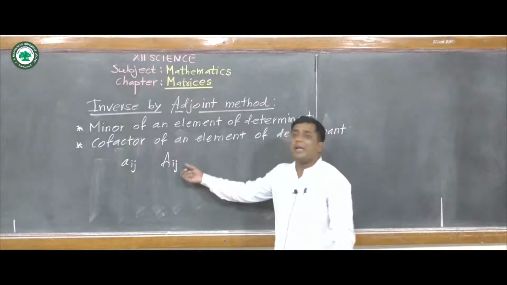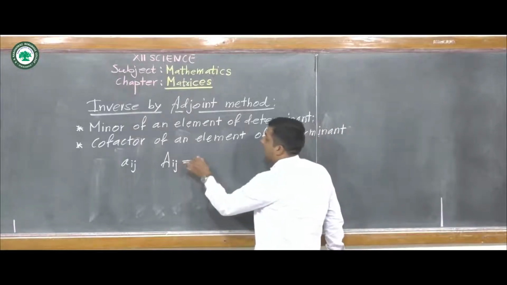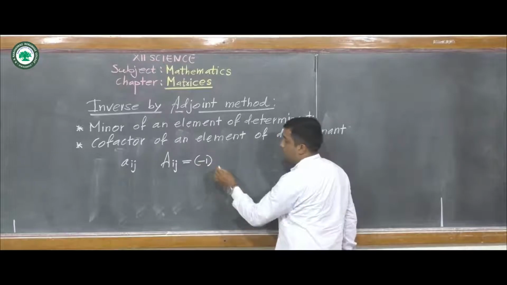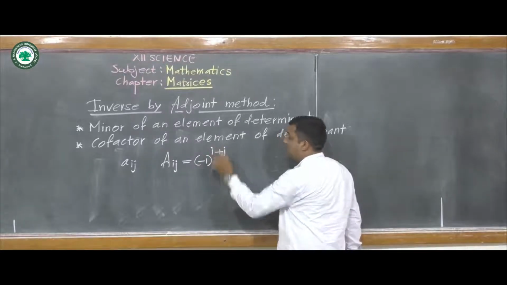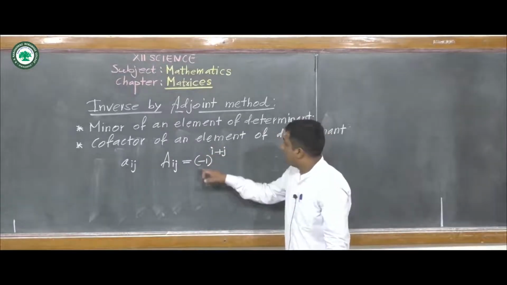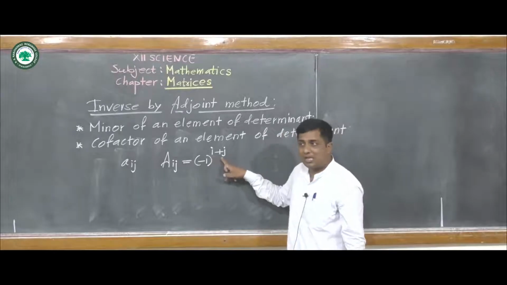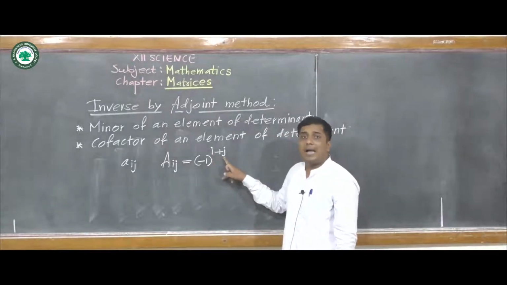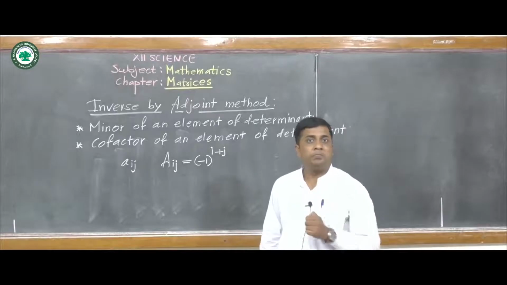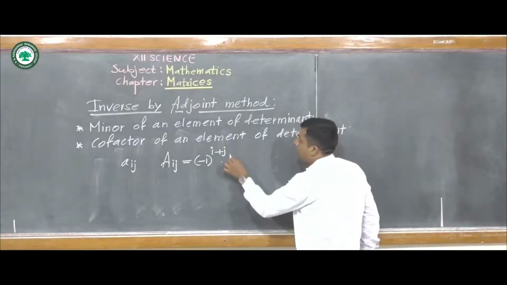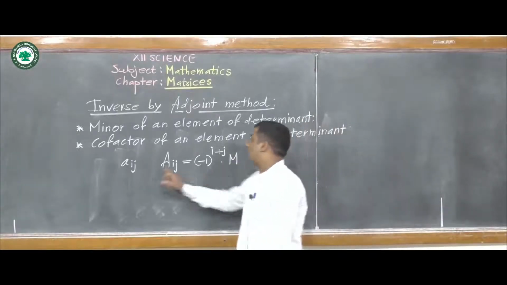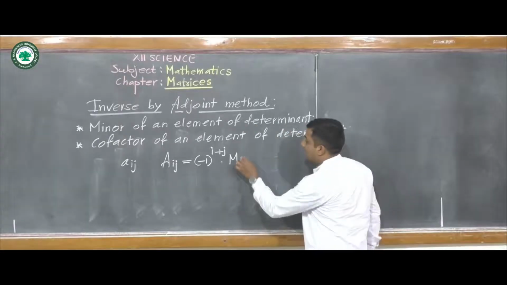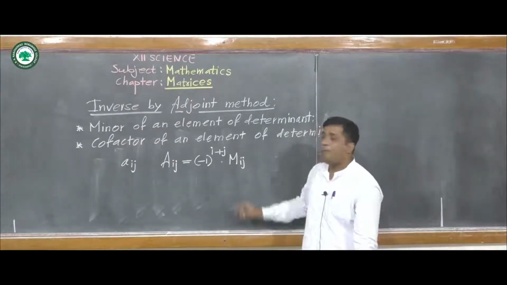To define this we consider the formula (-1) raised to i plus j, where i is for the row and j is for the column, into the minor of that element, that is, the minor Mij.